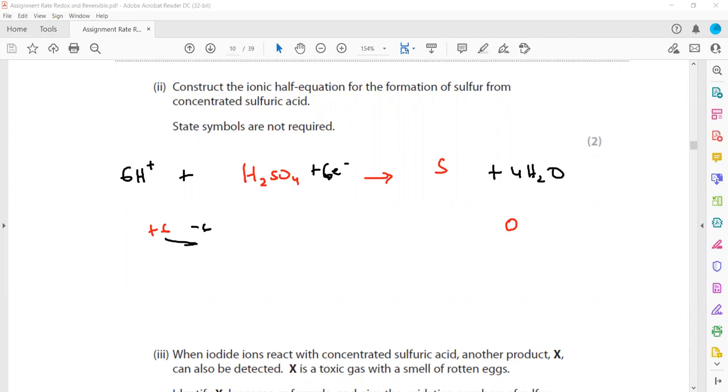So on the left hand side and the right hand side, the equation is balanced. So this is the balanced equation for the formation of sulfur when sulfuric acid reacts with iodide. Is it clear how we construct the redox equation with only the reactant and the product given?